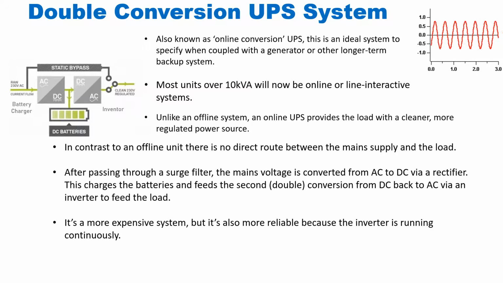It offers the greatest level of protection against surges and spikes, sags, brownouts, noise, harmonics, frequency disruption in the power that's coming from the utility company. It takes care of all that.